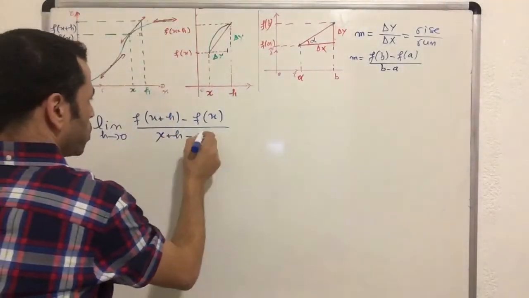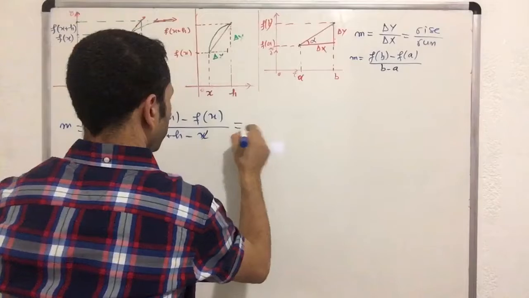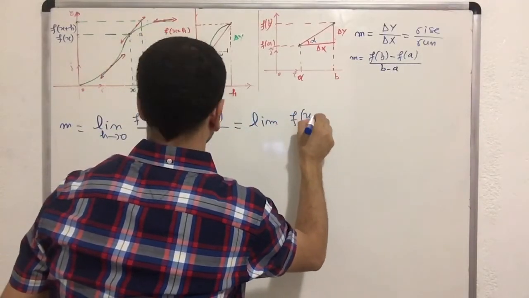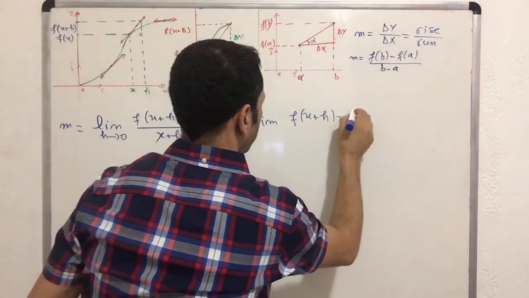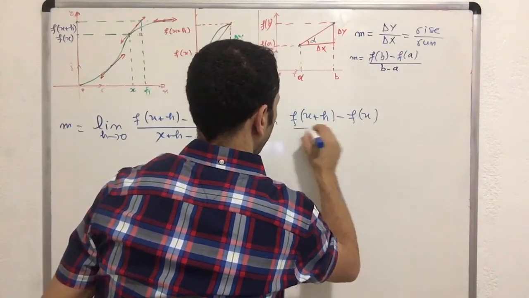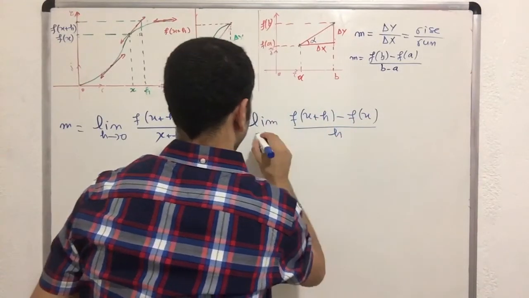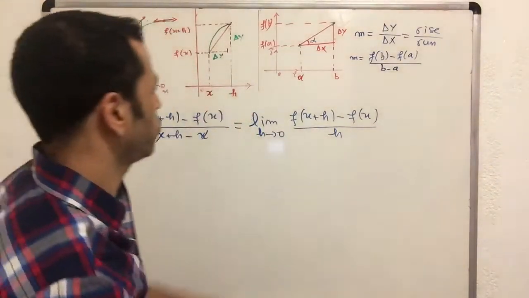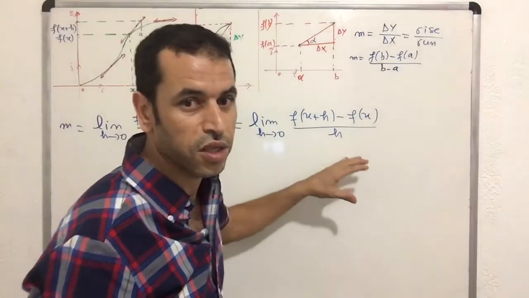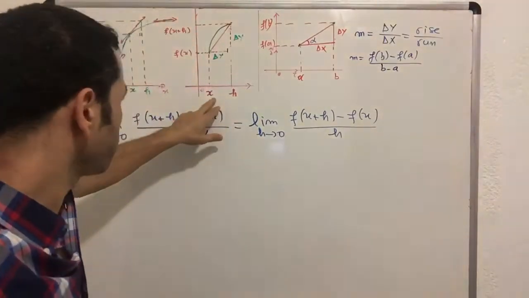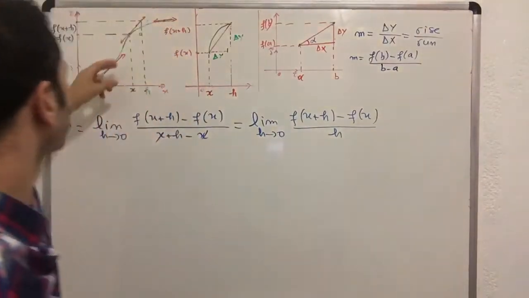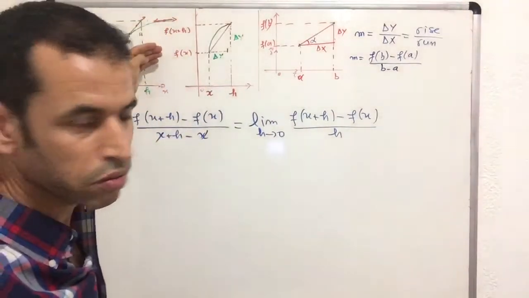So you cancel this one and this one. What's left is the limit as h approaches 0 of f of x plus h minus f of x over h. This is our definition of the derivative at the point x. This is valid for all x as long as you have a continuous function.